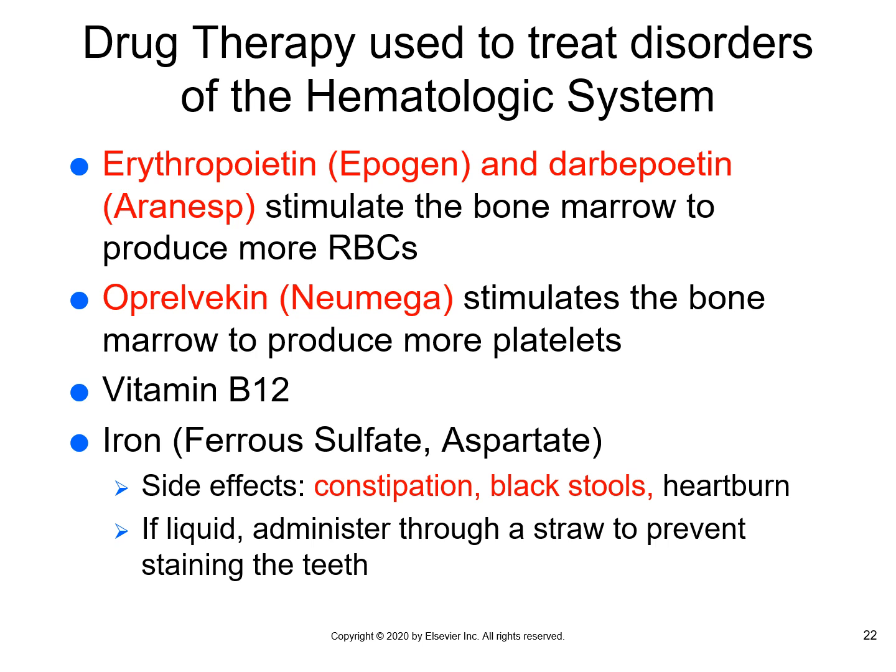For example, black stools: they might think it's a sign of bleeding, but if you prepare them that one of the side effects of iron or ferrous sulfate could be black stools, they'll understand. And if the iron is liquid, you want to administer it through a straw to prevent staining the teeth.